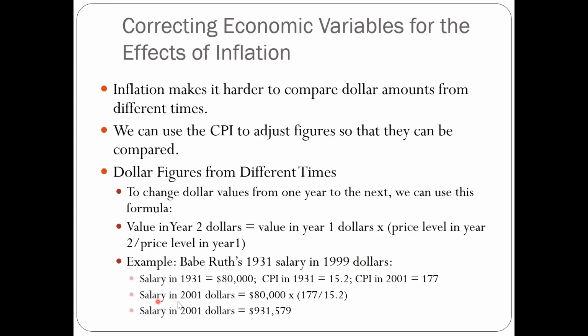This means that the salary of this person in 2001 dollars is equal to 80,000 multiplied by the CPI of this year divided by the CPI of the base year, which means that this salary in 1931 is equal to 931,579 in 2001.